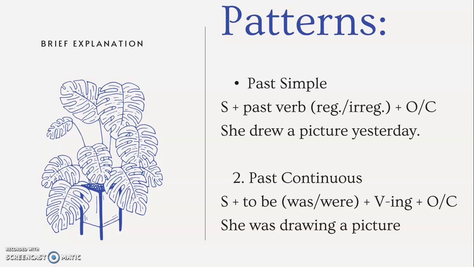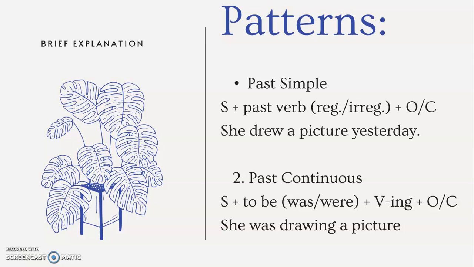If you need to put a complement, you may put a time signal or adverbs on it. As the example: She drew a picture yesterday. She is the subject, drew is the irregular past verb, a picture is the object, and yesterday is the complement or adverb.